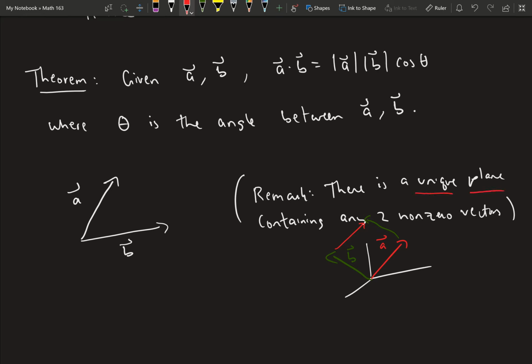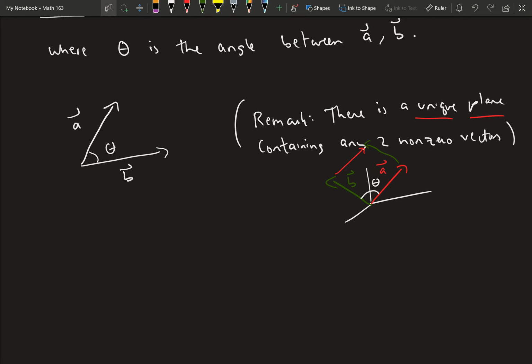If you extend it out, you'll get a plane, and in that plane is where our angle theta is sitting. So how do you locate that? First you locate the unique plane containing these two non-zero vectors. In that plane you draw this angle.